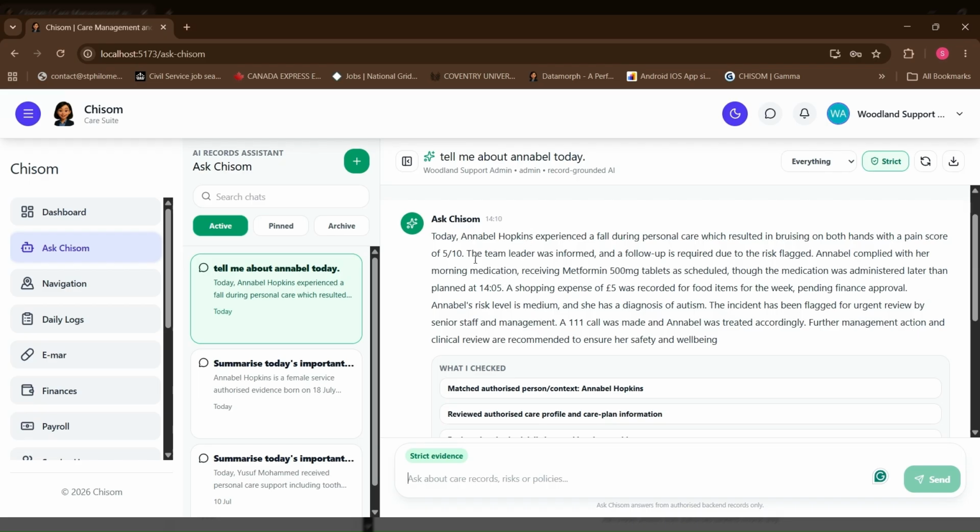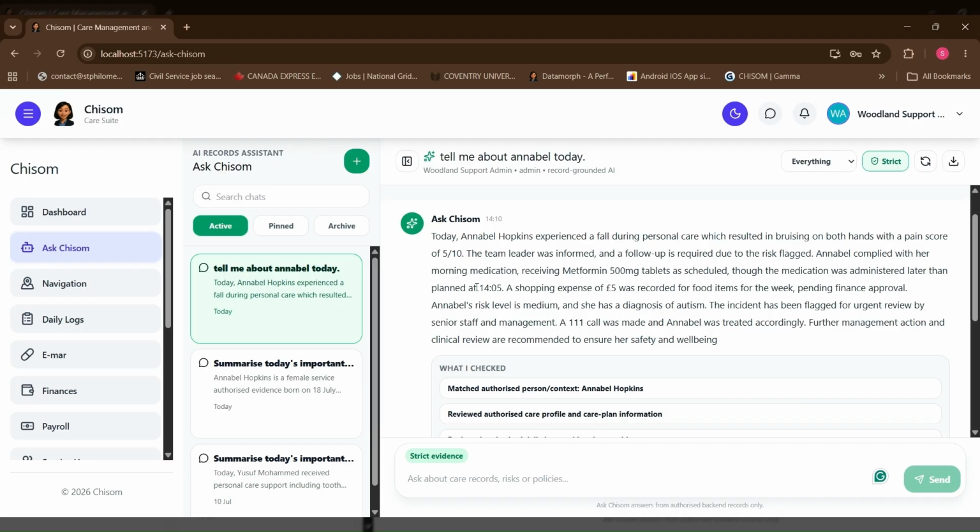Yeah. So today, Annabelle Hopkins experienced a fall during personal care, which resulted in bruising on both hands with a pain score of 5/10. If you remember, that was what we did in daily logs, right? The team leader was informed. If you remember, we flagged it off and we actually inputted that the team leader was informed. And a follow-up is required due to the risk flag.